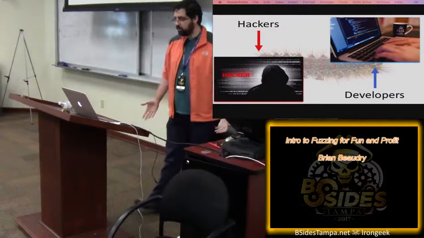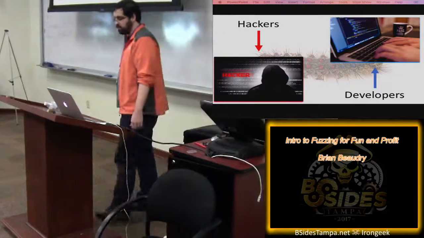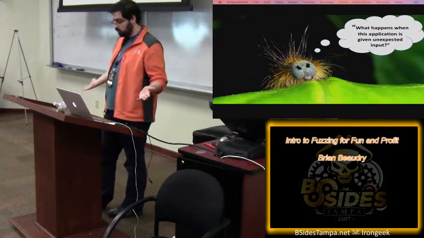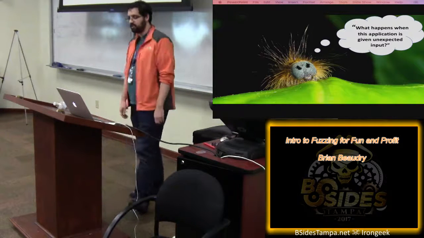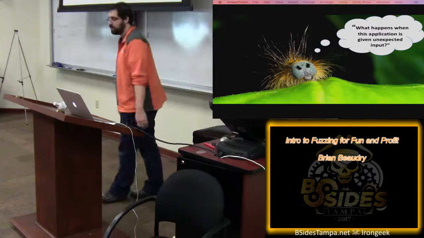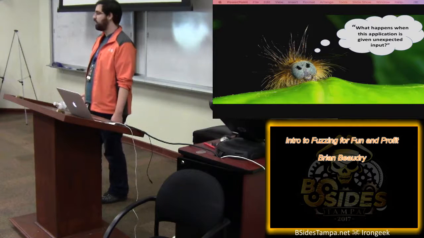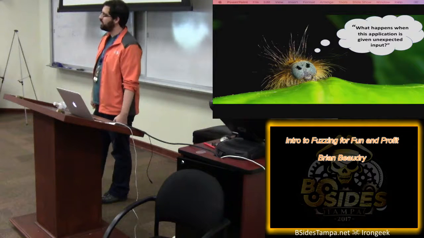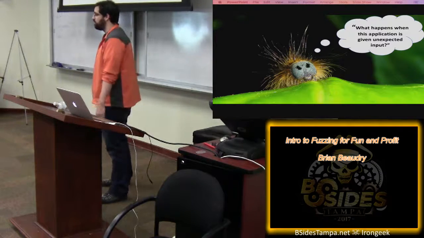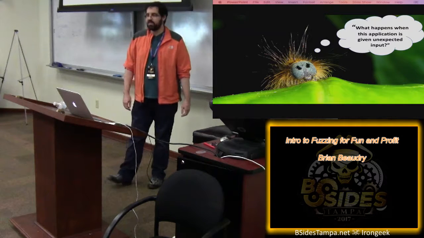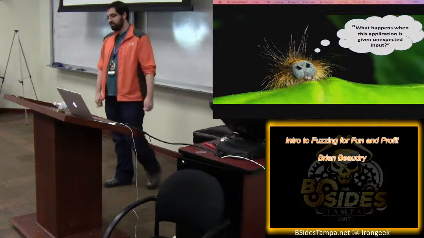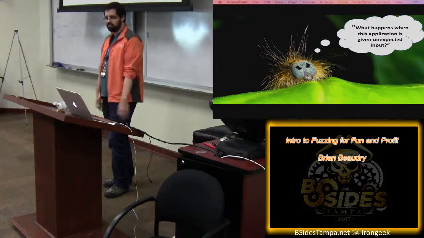Hackers and developers are both looking at a technique to find bugs, and ultimately they're trying to answer the question: what happens when this application is given unexpected input? Fuzzing helps a lot with figuring out how robust your application is. If an application makes assumptions that hold true for valid input, but the second you give it something off the wall everything goes haywire and crashes, that's a good thing for hackers, not so much for developers.